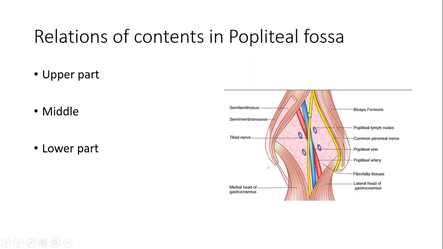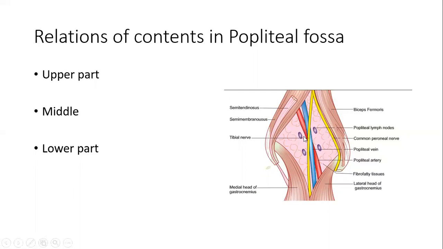Medial to tibial nerve, we have popliteal vein, and medial most structure is the popliteal artery. So in the upper part, if we start from the common peroneal nerve, which is the lateral most structure, next to it we have tibial nerve, further medial we have popliteal vein, and medial most we have the popliteal artery.